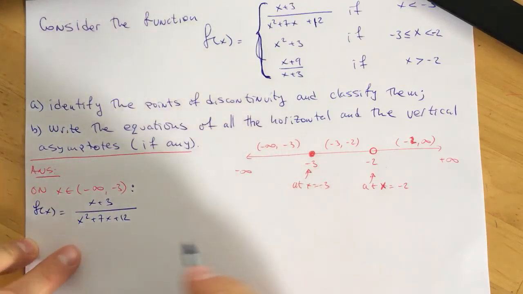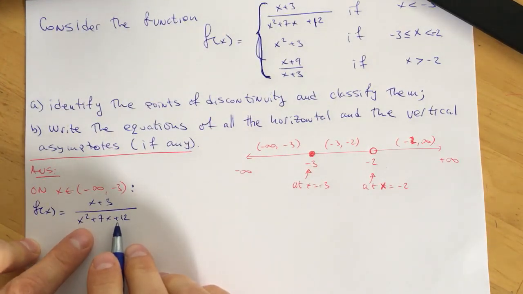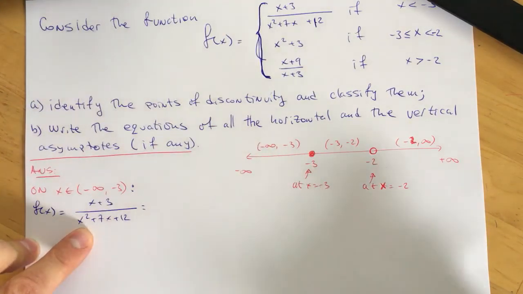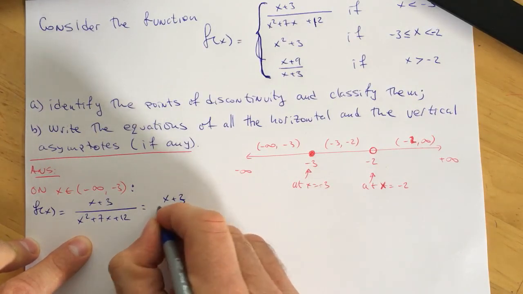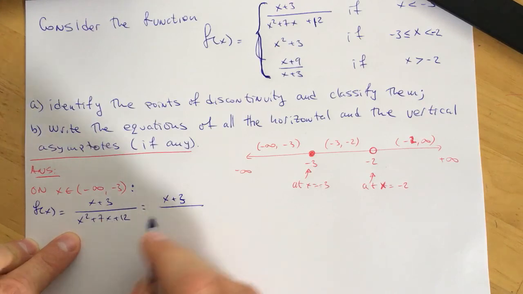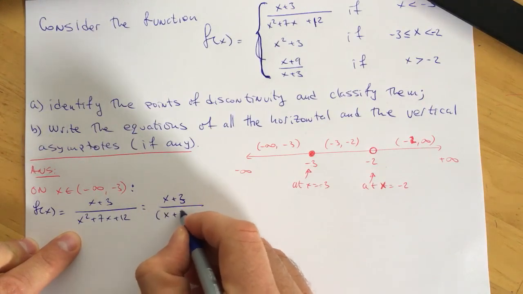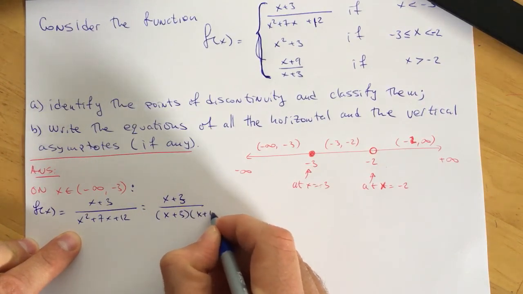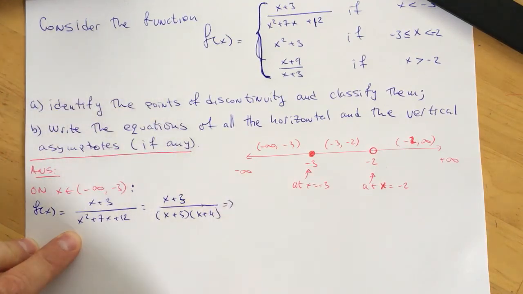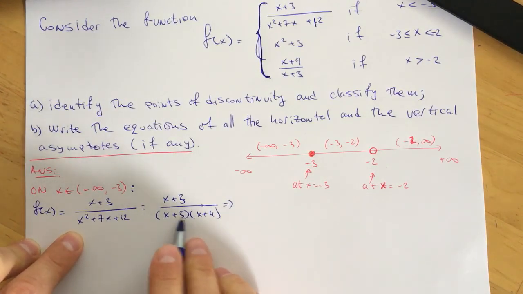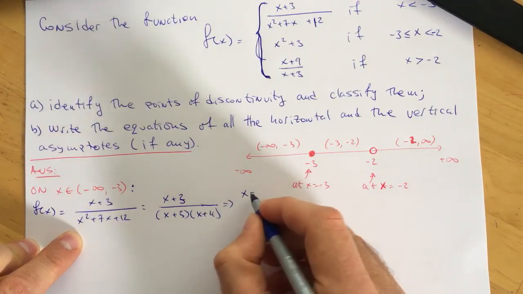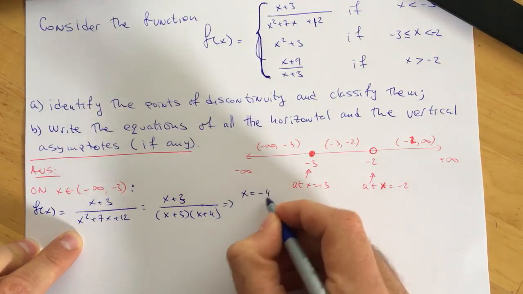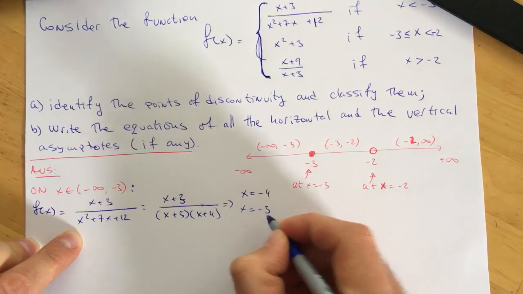This function will not be defined for the values of x where the denominator is 0. So why don't we find those values? You can easily see that the denominator can be factored as (x + 3)(x + 4), and from here the denominator is 0, which means the function is not defined for x = -4 and x = -3.